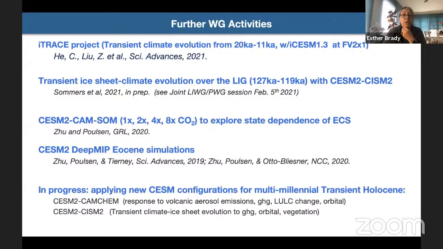And then we have some work that was done at the University of Michigan. There are some papers led by Zhang Zhu, who's now a new project scientist here at NCAR, looking at warm climate simulations run with CESM2: a paper exploring state dependence of equilibrium climate sensitivity with CAM coupled to the slab ocean model, and also a couple of papers documenting a DeepMIP simulation for the Eocene.